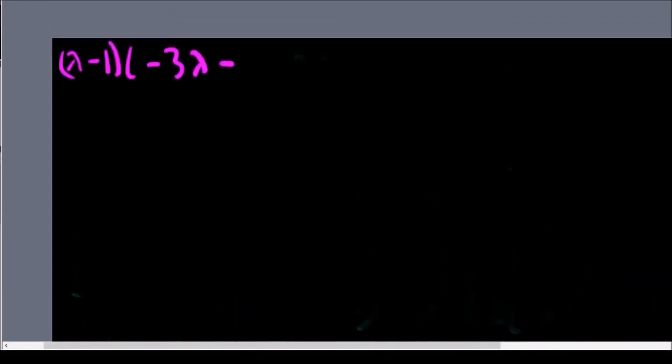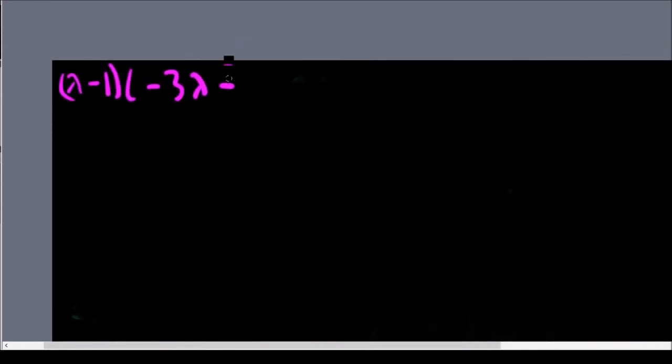So I'll just continue to solve it in magenta now because I like it. And this is minus 3 lambda plus 123.